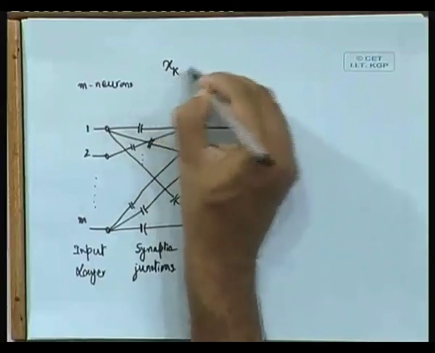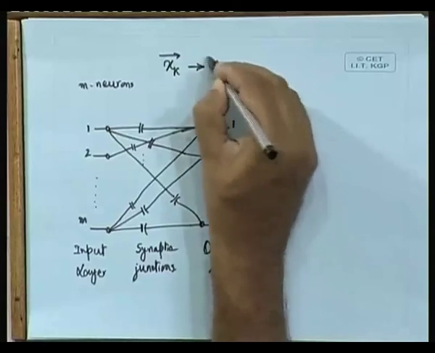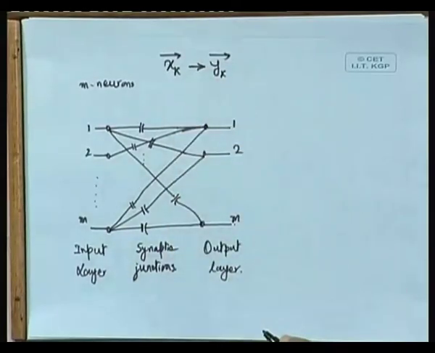So, that means we are essentially looking for the association between the xk vector and the yk vector, where xk is the input and yk is the output.